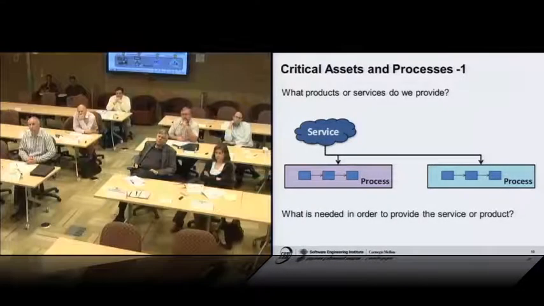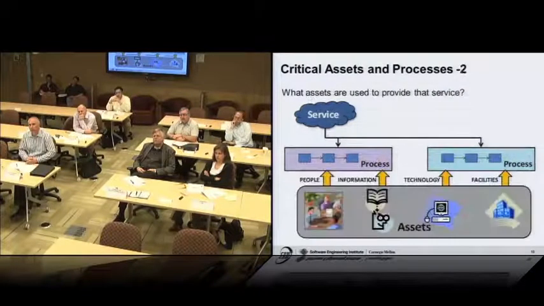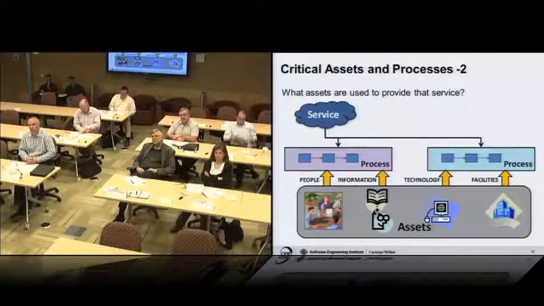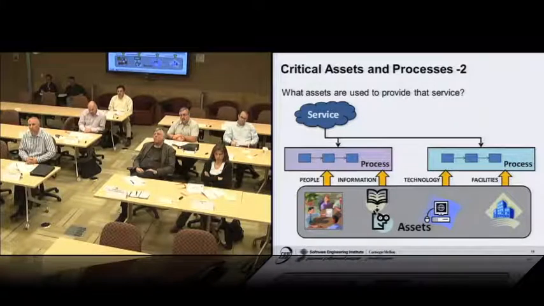You have things like people, information, technology, facilities, but you have these certain assets that do these processes which provide that service, which meet those business objectives. So follow that process all the way through.